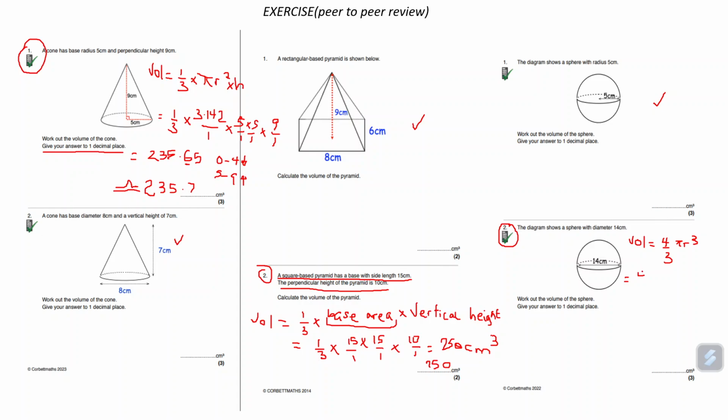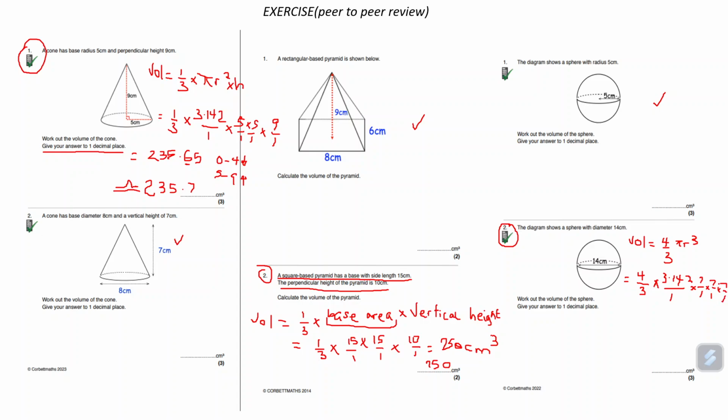So that is 4 over 3 times, as usual, the value for your pi, which is always 3.142 over 1, times, what's our radius? Radius is half of the diameter, and we have the diameter here to be 14. So your radius will be half of 14, that will be 7 over 1 times 7 over 1 times 7 over 1.